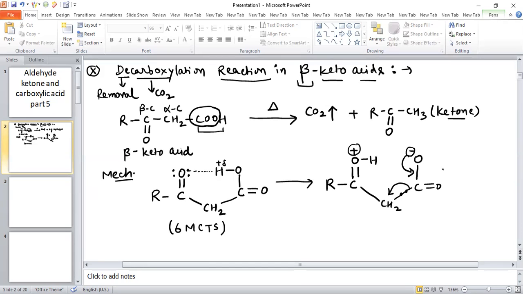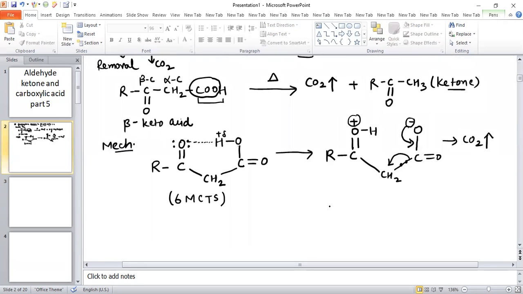When CO2 gas is released, it will form R, C double bond O, with positive charge on oxygen and hydrogen on this oxygen, and this CH2 has a negative charge.